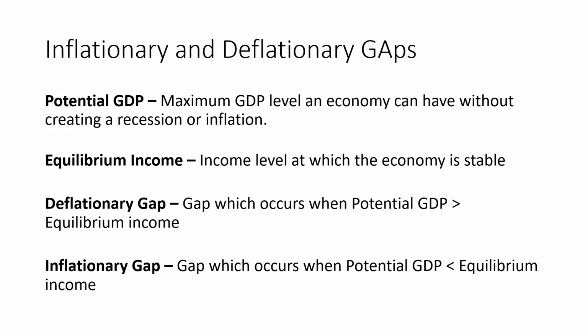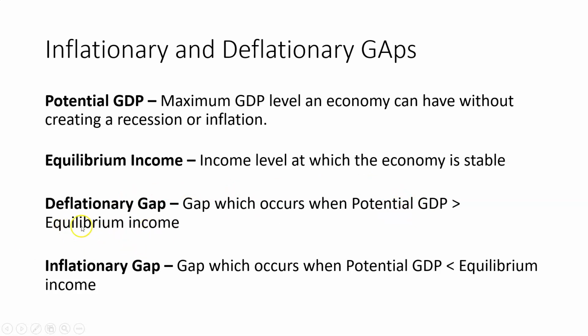But what happens if the economy comes to rest at a point other than at potential GDP? Well, you got a problem. Two things can occur. You can have a deflationary gap, and a deflationary gap occurs when your potential GDP is greater than your equilibrium income.